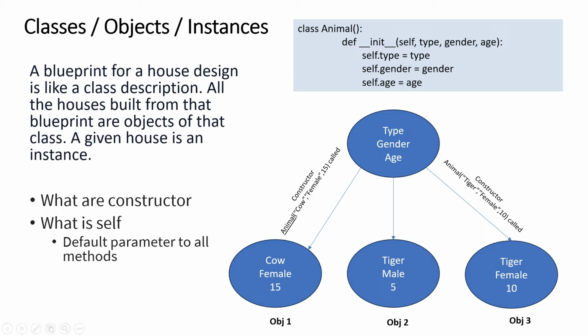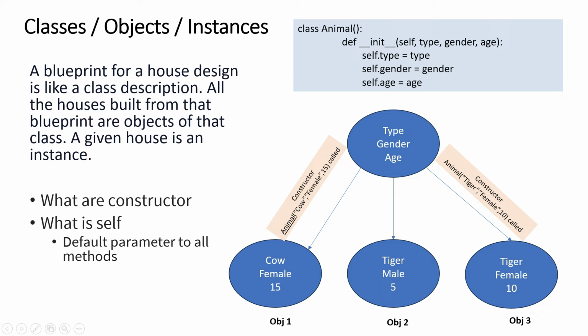But a constructor in Python looks something like this: underscore underscore init underscore underscore, and then you have a variable called self, and then all the attributes that your class would like to have. Now, when you want to create an object out of this class, you call it like this. You don't call this init method. What you do is you call this class Animal and you pass all the required parameters.